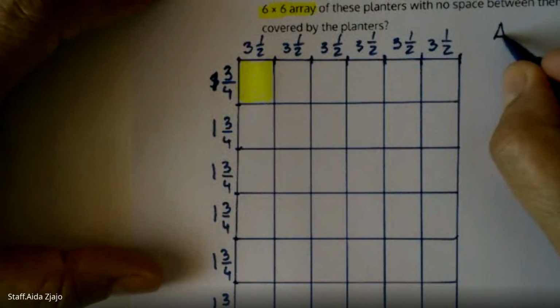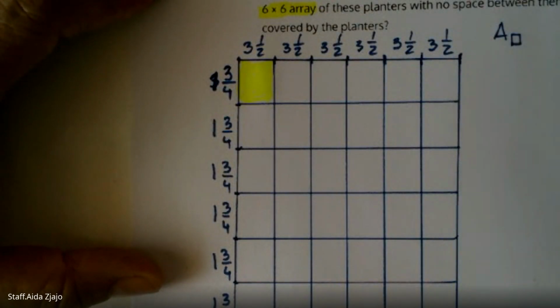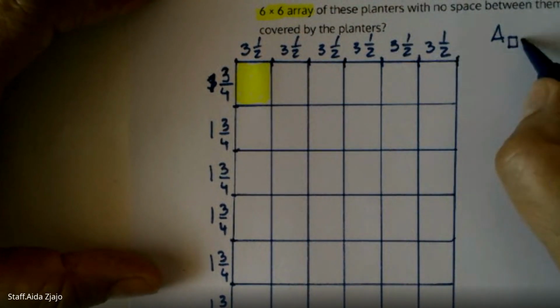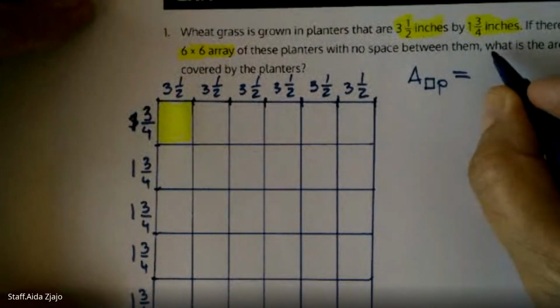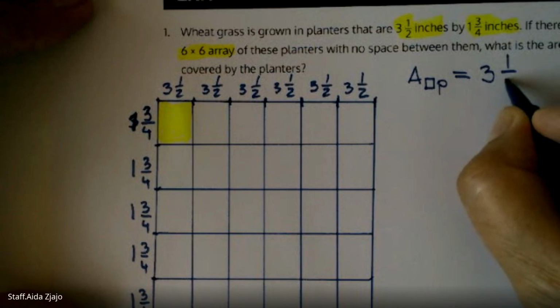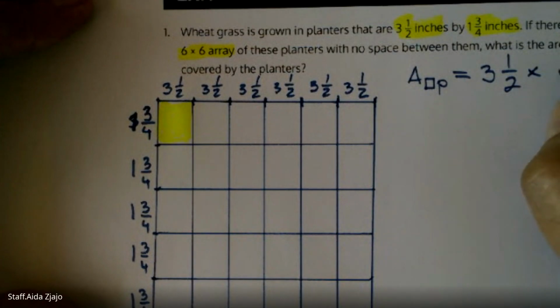So the area of just one planter, P, I will do 3.5 times 1 3/4.